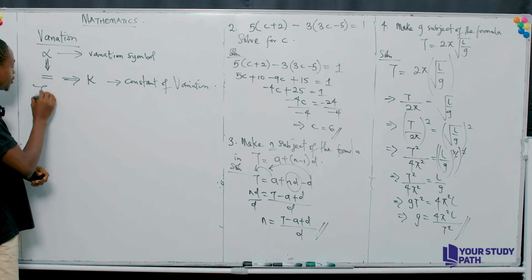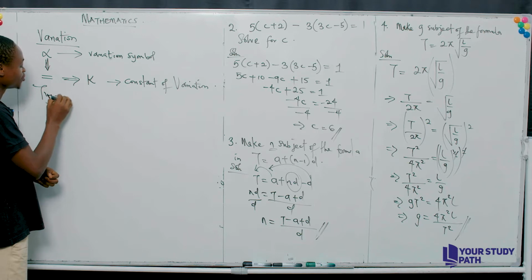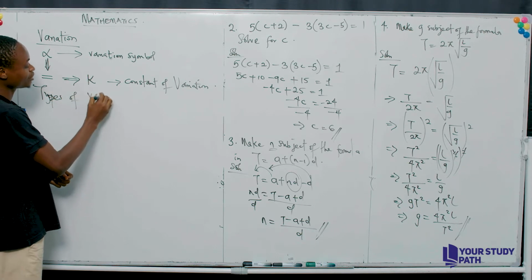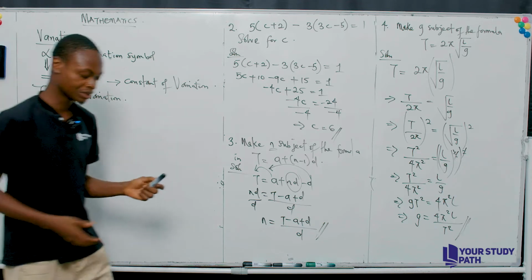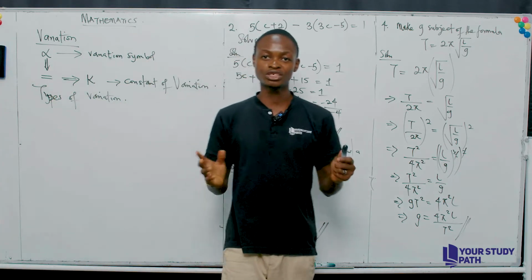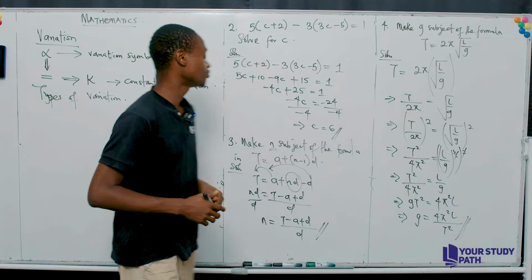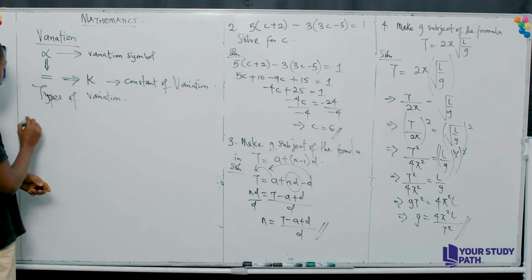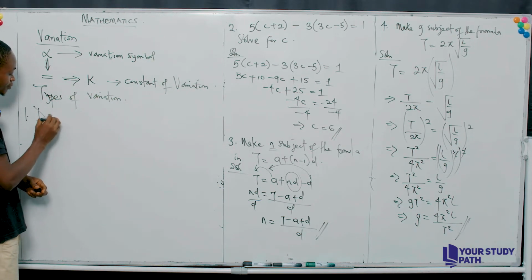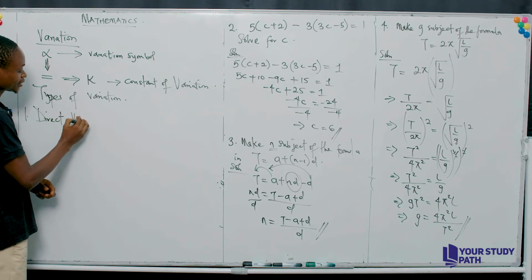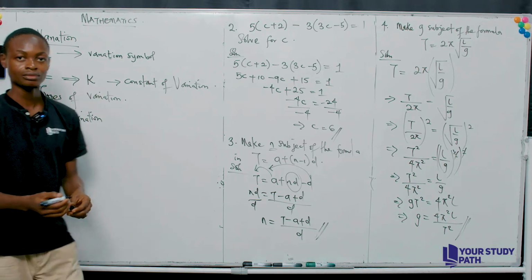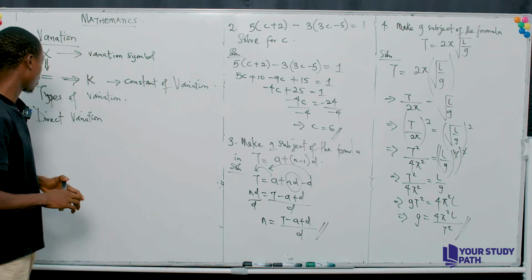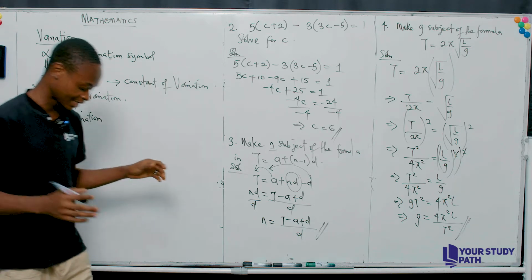Now, let us now begin first and foremost with our types of variation and see how each type determines how we carry out our variation itself. Now, for the first type of variation we'll be picking the direct variation. The direct variation.